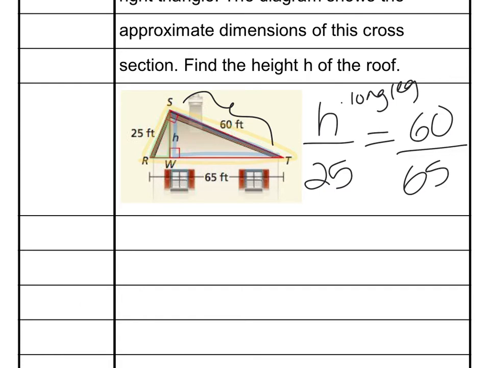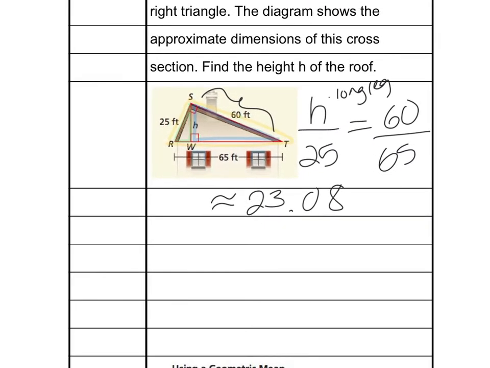Once we have this, we can just cross multiply and divide. Sorry, I'm just pulling out my calculator. So 25 times 60 is 1,500, divided by 65 equals about 23.08, which would be our answer. If you do it a different way, it should end up the same.